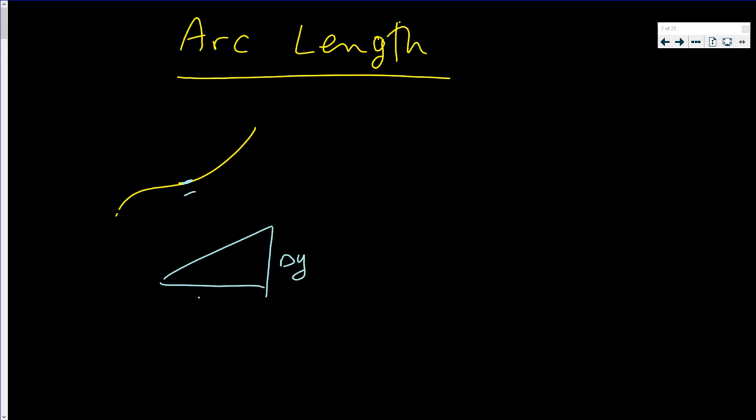This is delta y, this is delta x, this is delta L, L for length. And what we have is that delta L is equal to the square root of delta x squared plus delta y squared. Pythagoras would tell you that.